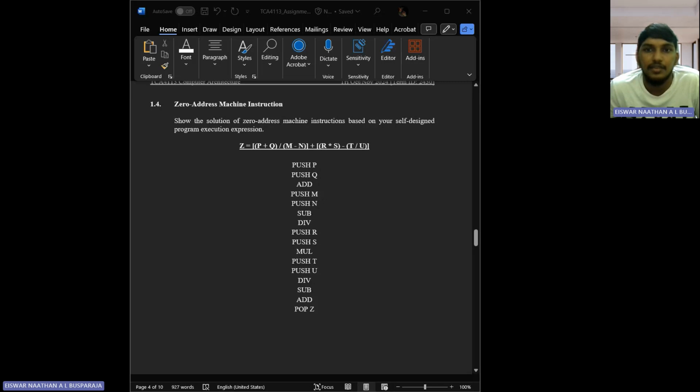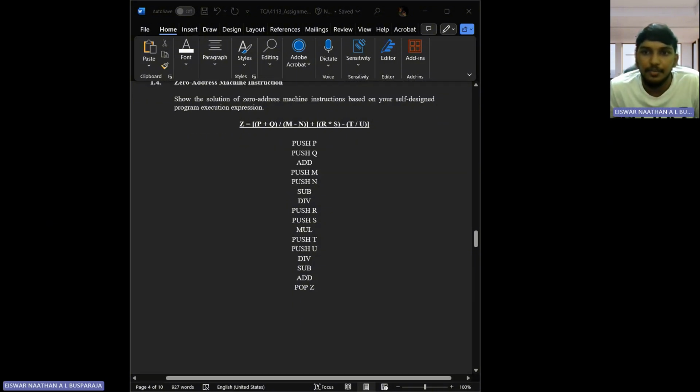That means T divided by U. Subtract R multiply S minus T divided by U. Add the two results to get Z. The final pop Z command removes the result from the stack and stores it in Z. This structure makes use of only the stack, adhering to the zero address architecture.